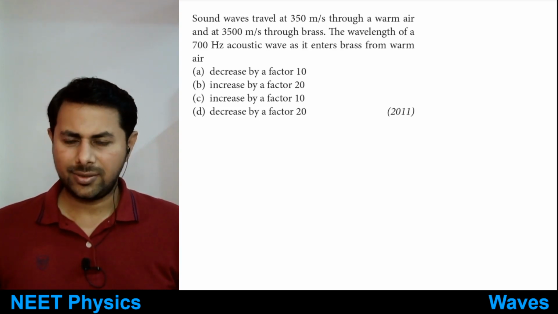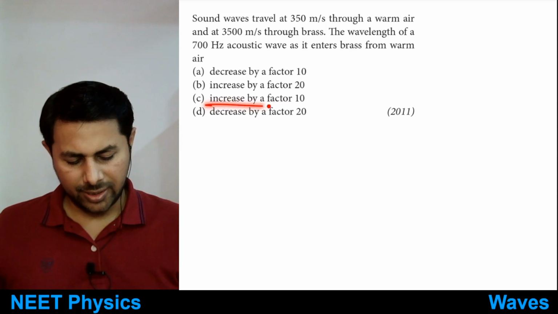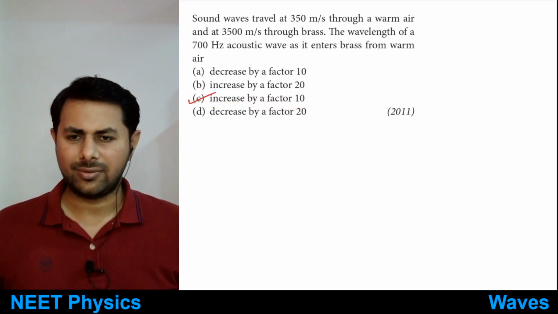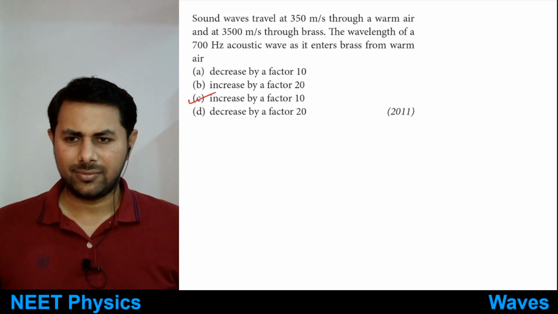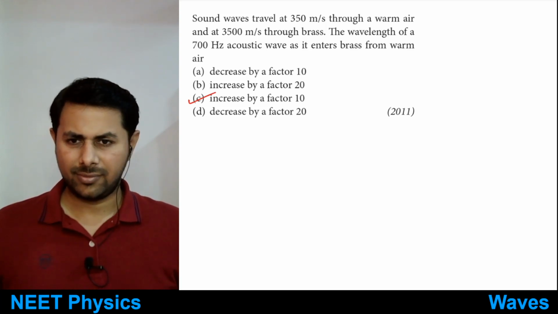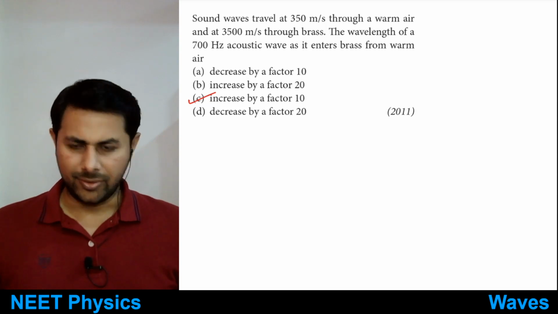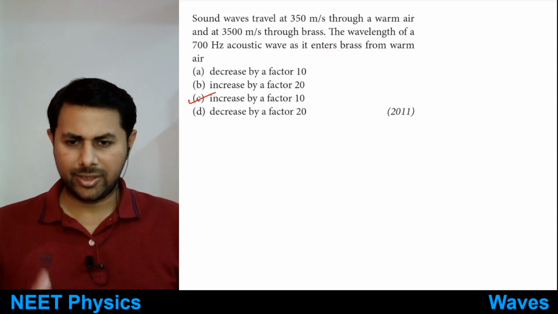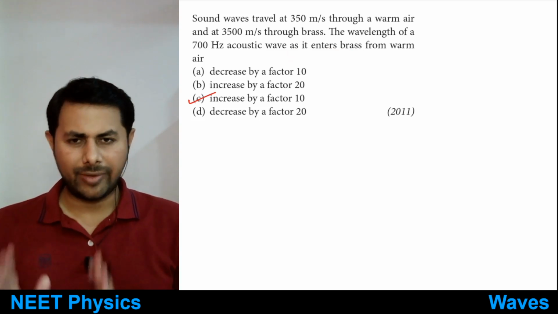Is this clear? So it increases by a factor of 10. You don't need to solve anything. Yes, everyone? Okay, good. All right. So when a wave enters from one medium to another, frequency remains constant.